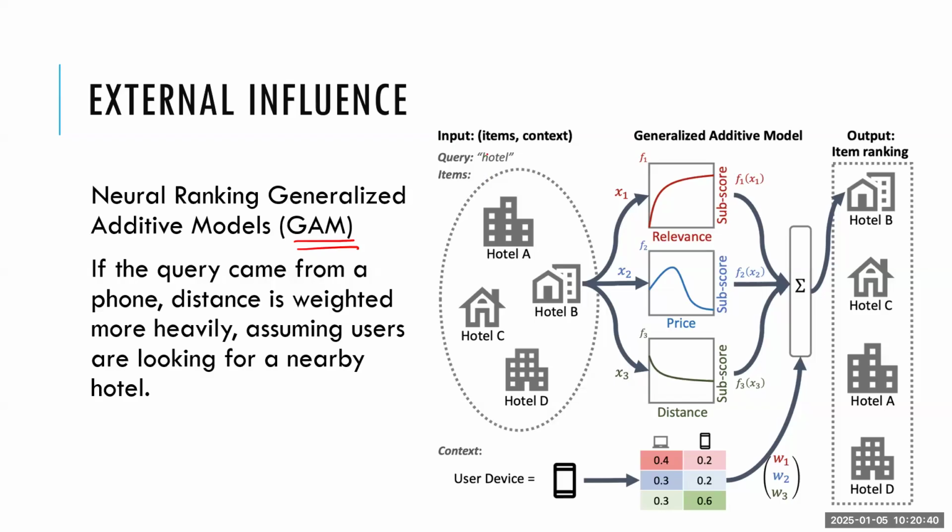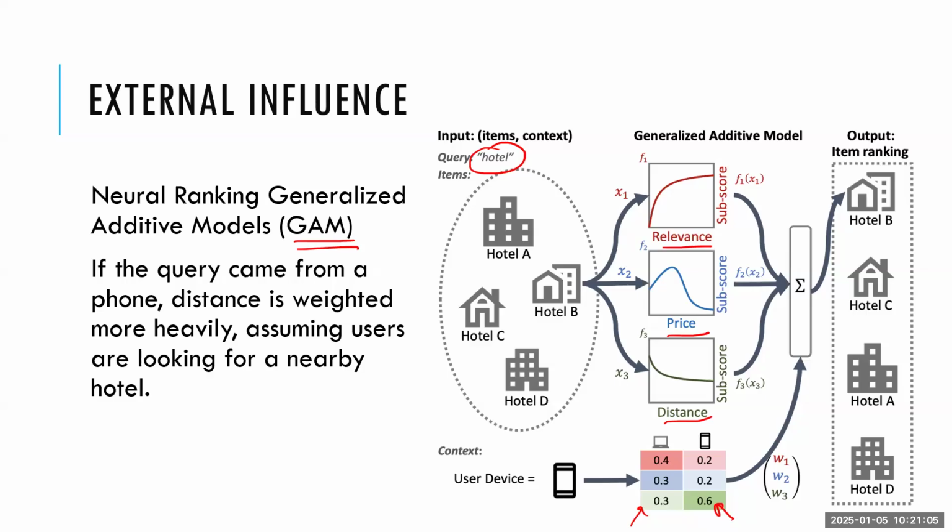For example, if you search for hotels, for each hotel it's going to have a relevance score, a price score, and a distance score. And for each one of these scores, it's going to have a certain weight based on which device you search on.